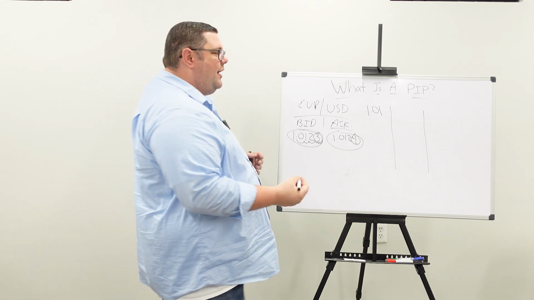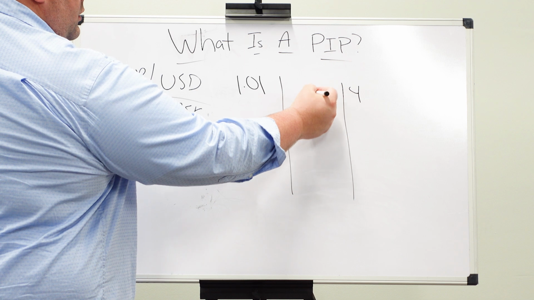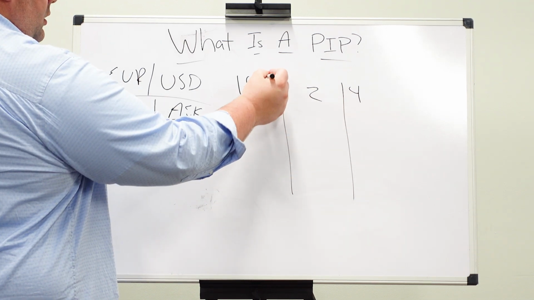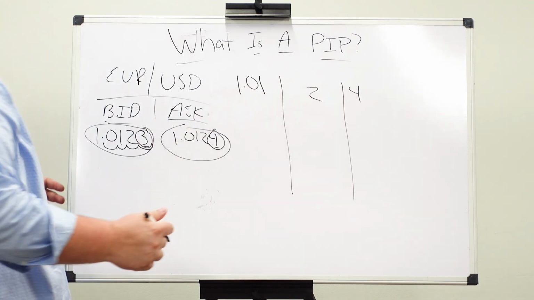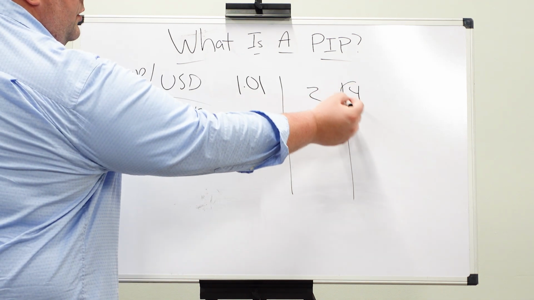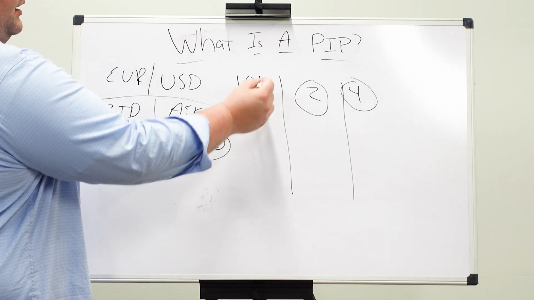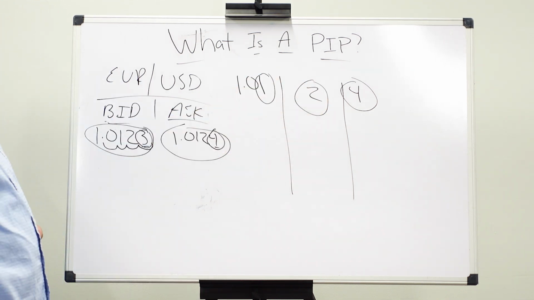The place value. So if you were looking at this number, this would be the hundredths place, this would be the tens, and this would be the ones, okay?